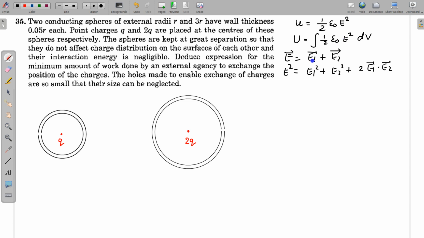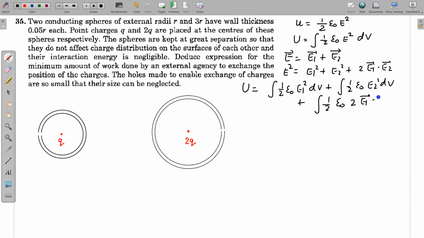Substituting this, the total energy U has three terms of integration: half epsilon naught E1 square dV, plus half epsilon naught E2 square dV, plus half epsilon naught times 2 E1 dot E2 dV.